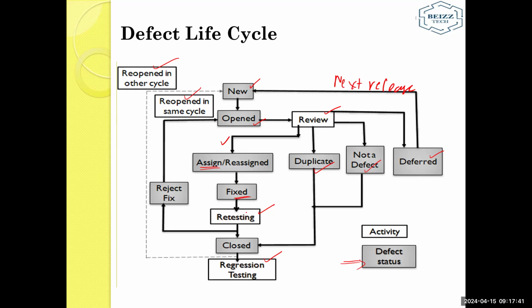The developer fixes it, and after fixing we do retesting. If it is properly fixed, close the cycle. If not, reject the fix, and the same defect will be reopened in the same cycle till it gets closed. But after close, we always go for regression testing, and whatever defect you find, we can reopen in another cycle with the status new. And this life cycle is called the defect life cycle.